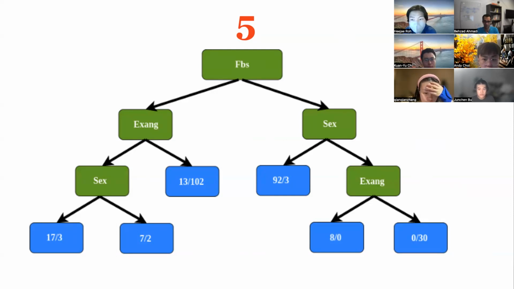There are a couple of obvious reasons. If you get to 8-0 or 30-0, you will stop, right? That's obvious. There are other situations where you may also need to stop. If you keep splitting, you will overfit. So you maybe decide to say, hey, with 92 yes and 3 no, or vice versa, I'm going to stop.